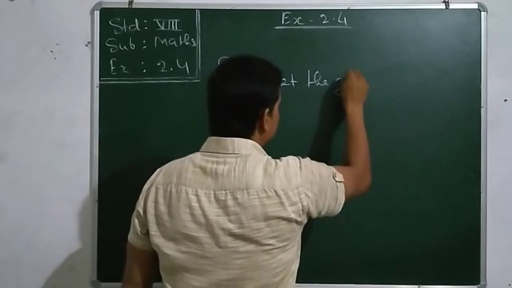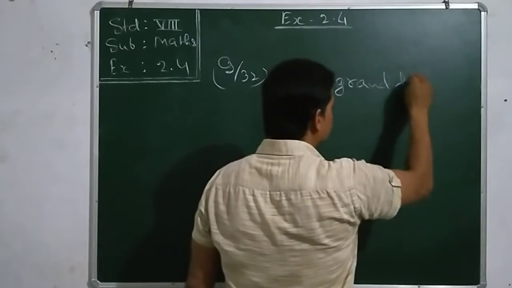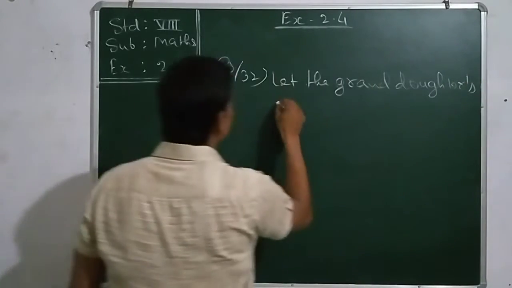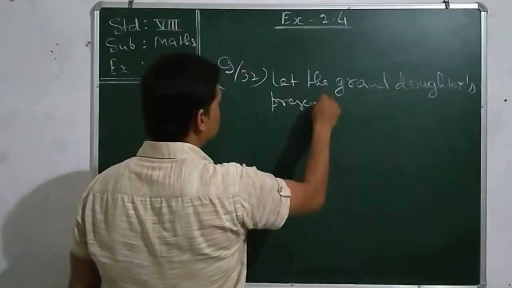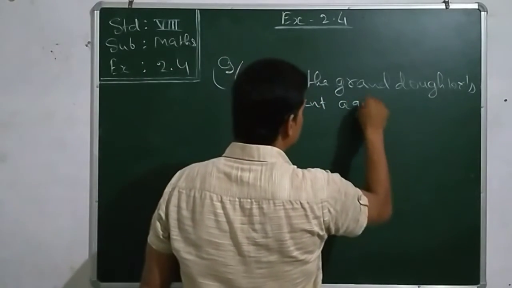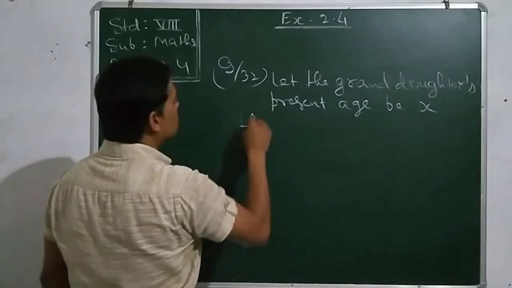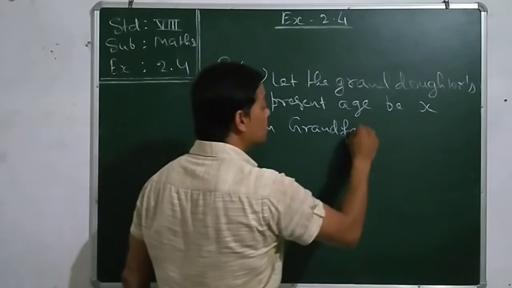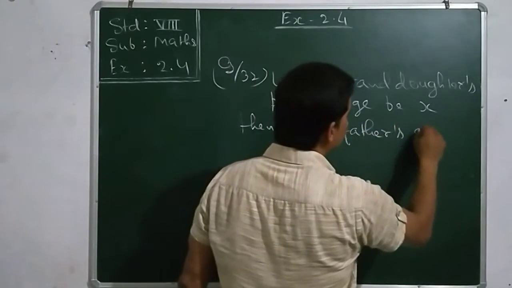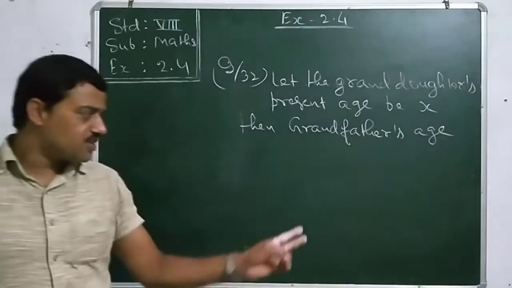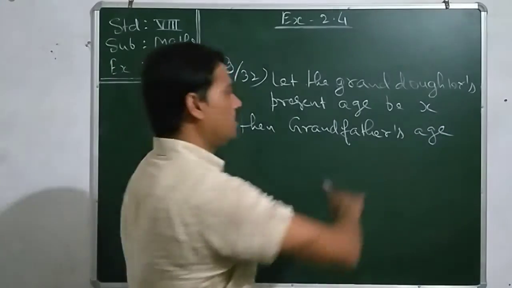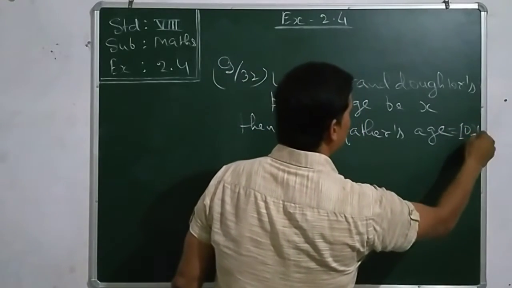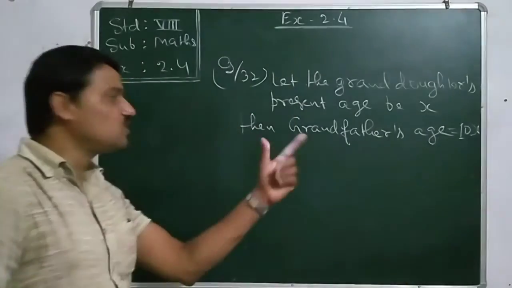Let the granddaughter's present age be x. Then grandfather's age, as in the sum it is stated to be 10 times, equal to 10x, and another condition given in the sum is the difference of their age.